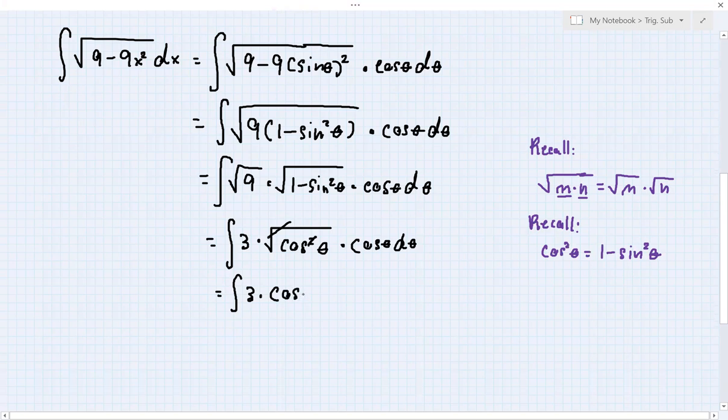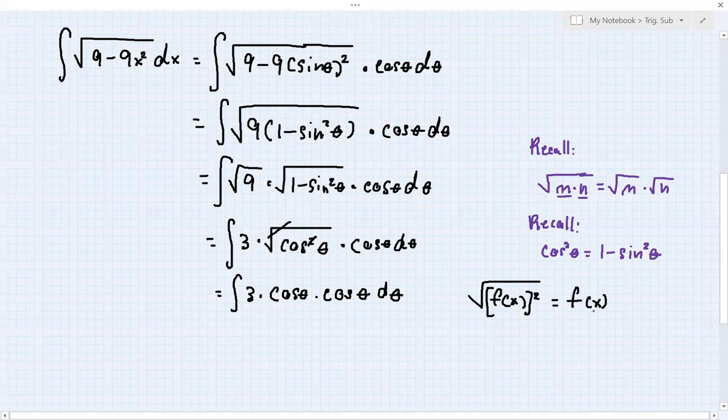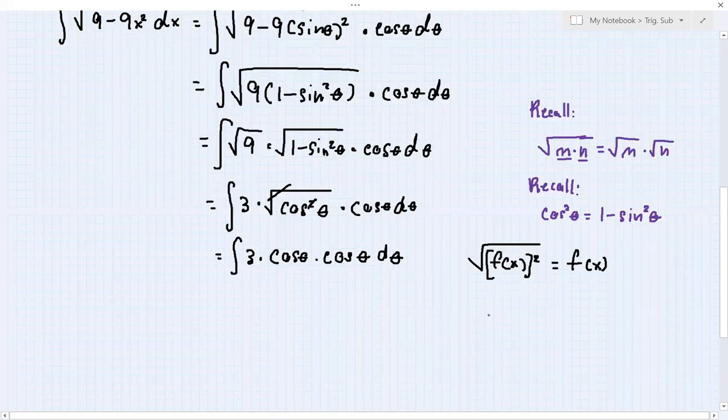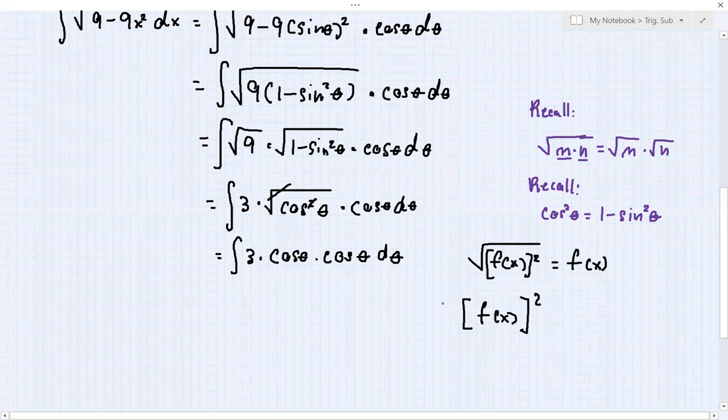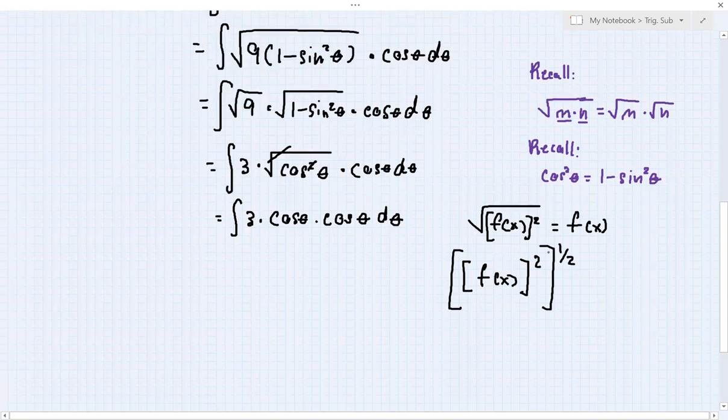So this would be cosine theta times cosine theta. If you're asking me how this happened, if you take the square root of a function that is squared, the answer is the function itself. Why? Because when you have a squared function, the square root is one half. So according to the rules of exponents, you multiply these two.